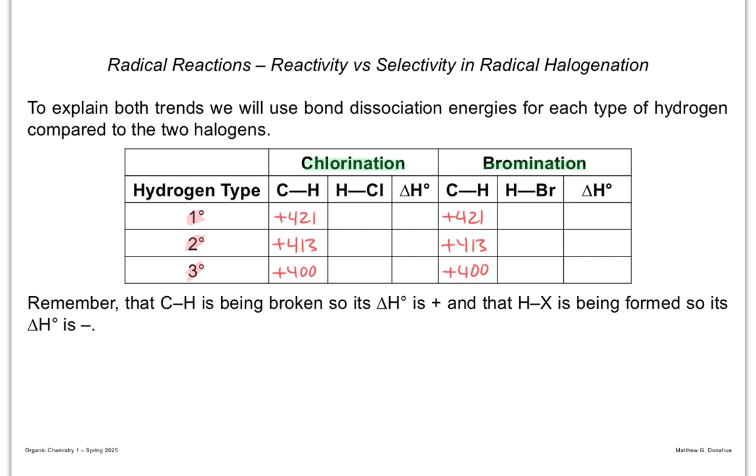And then if we look at HCl, so we want to now form HCl, the number is going to be negative. That value is going to be constant down that column. So negative 432, negative 432, negative 432.